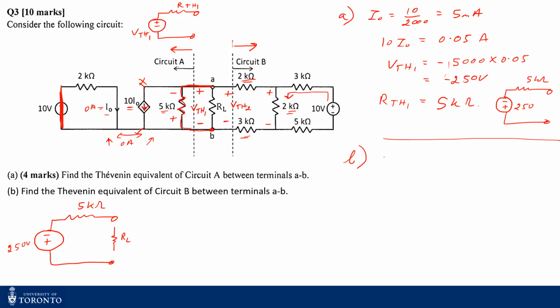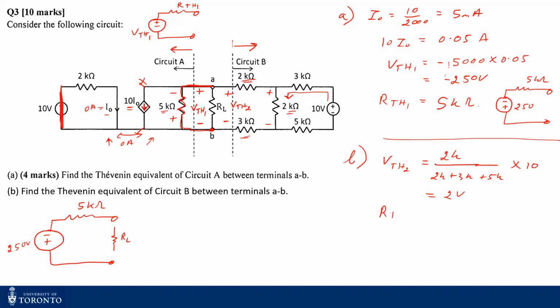My VThevenin 2 is just 2 kilo ohms divided by 2 kilo ohms plus 3 kilo ohms plus 5 kilo ohms, times the 10 volts. Therefore my VThevenin should be 2 volts.